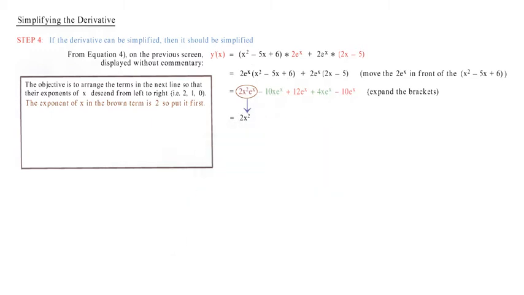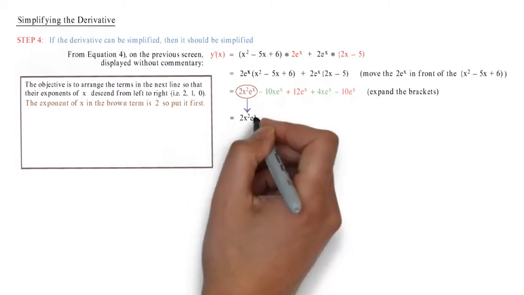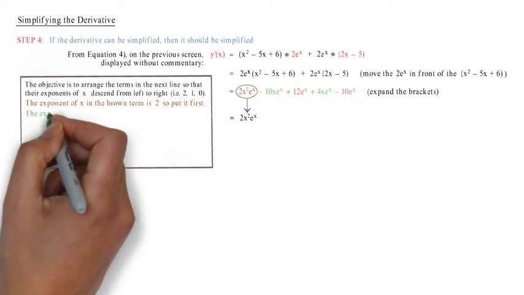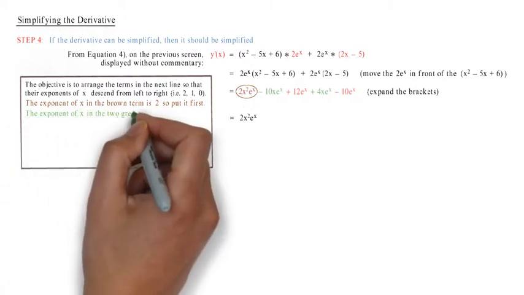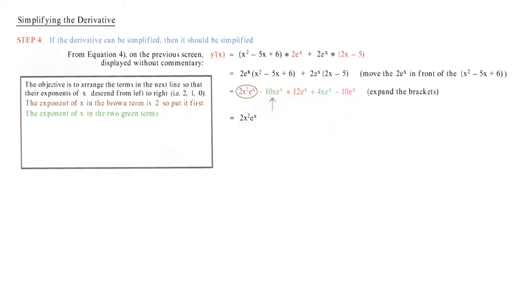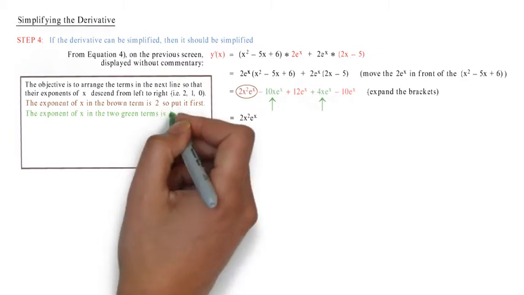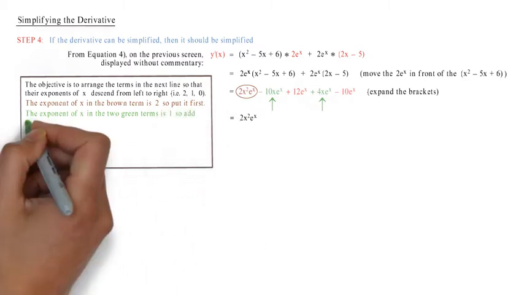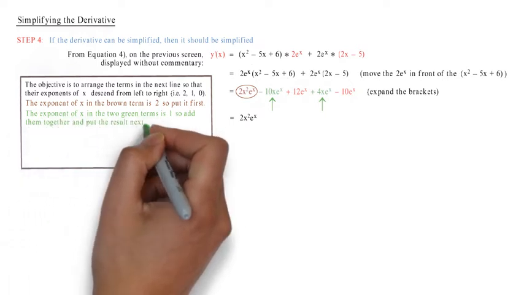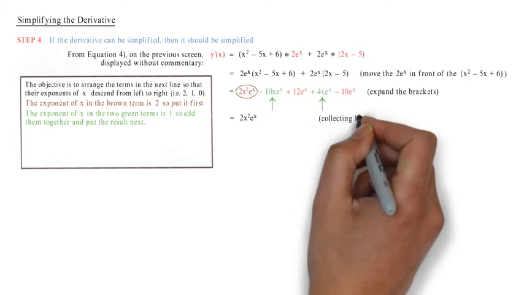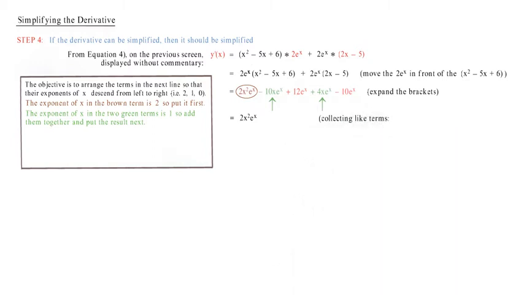2x squared e to the x. The exponent of x in the two green terms is 1, so add them together and put the result next, collecting like terms.